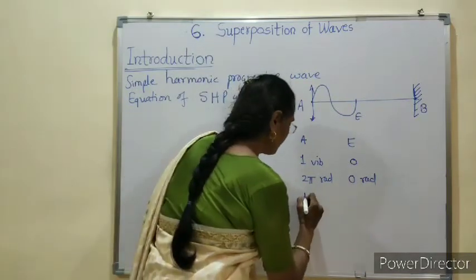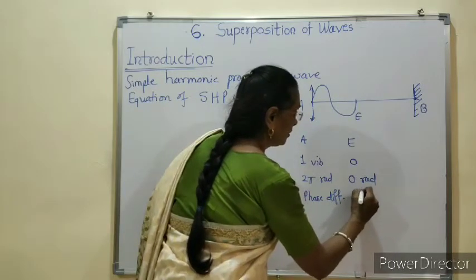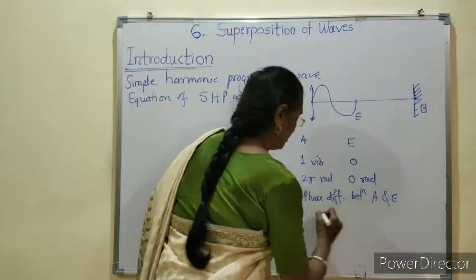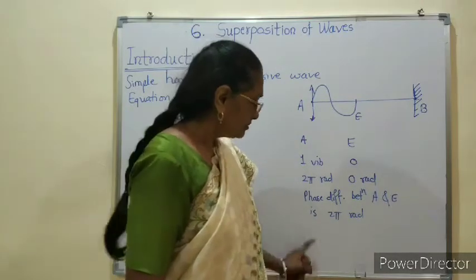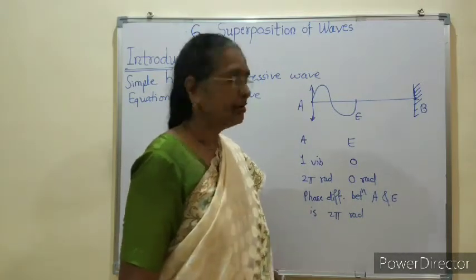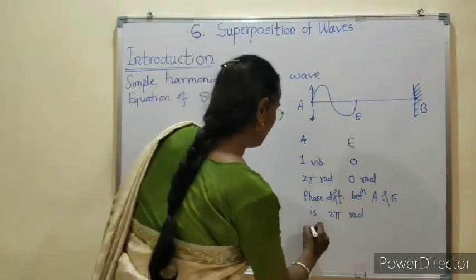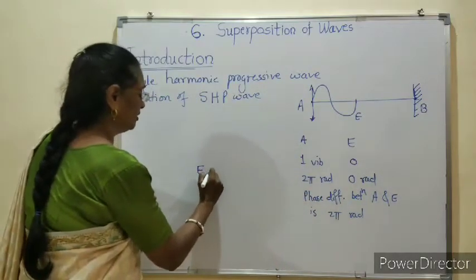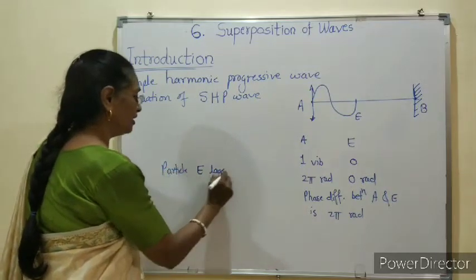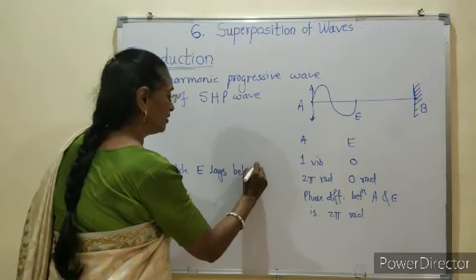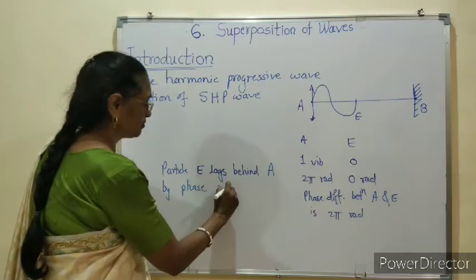We say that the phase difference between A and E is twice pi radian. In other words, particle E lags behind A by phase twice pi radian.